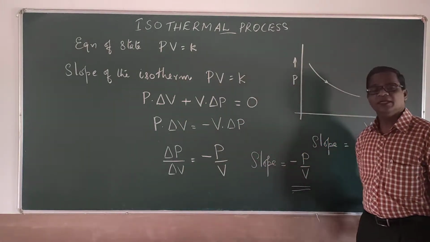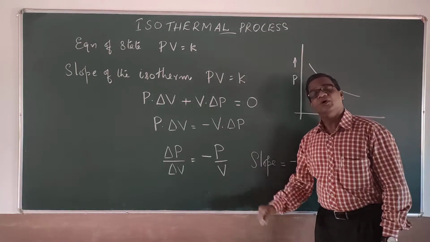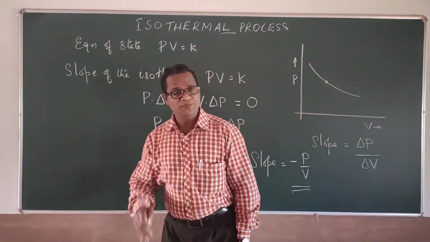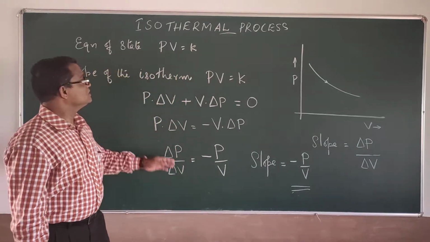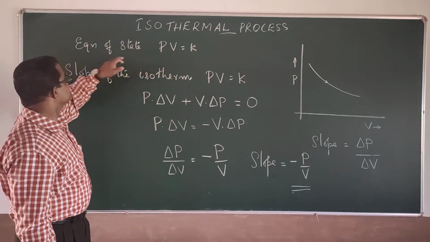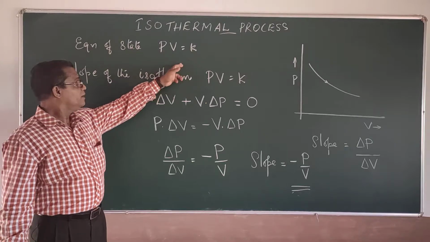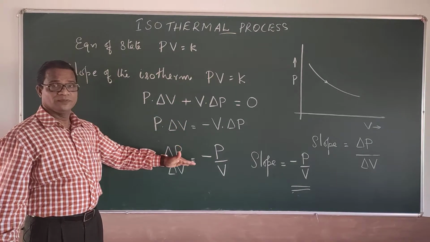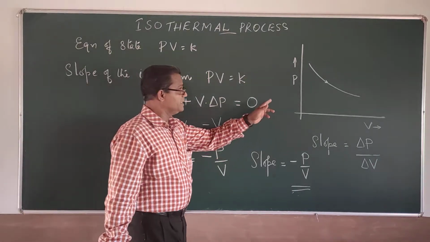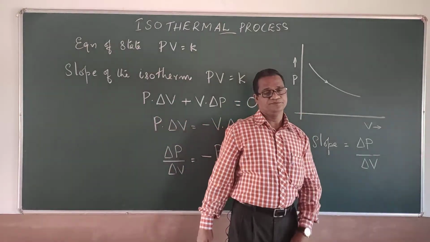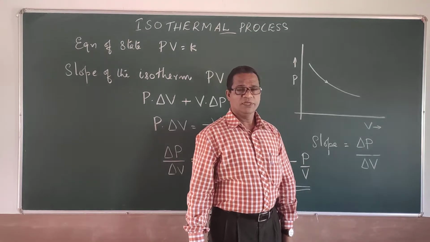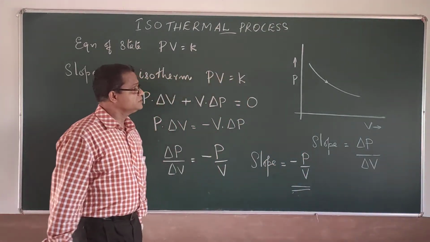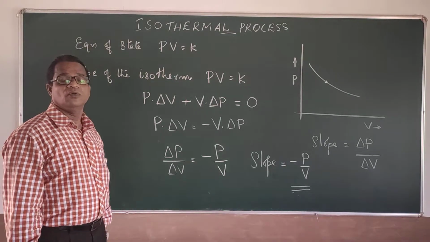Therefore, the slope will be negative. So for the isothermal process, the things required for discussion are the equation of state, the slope of the isotherm, and the indicator diagram. For any process, these three are the main things required for our discussion.